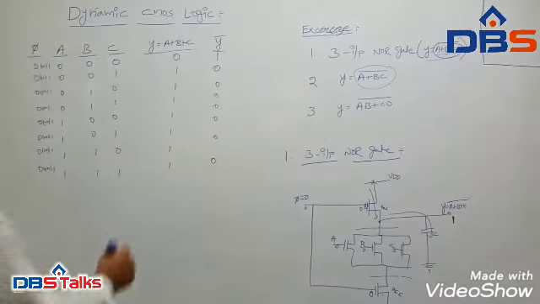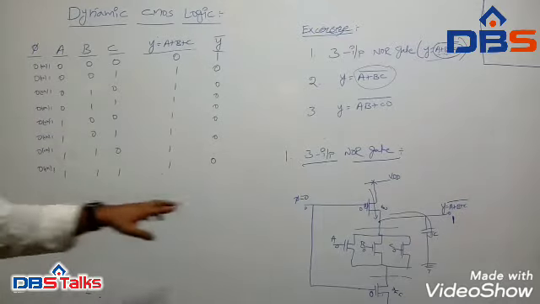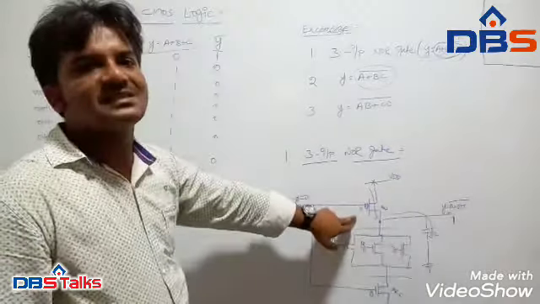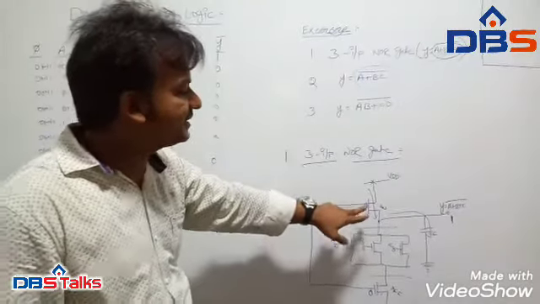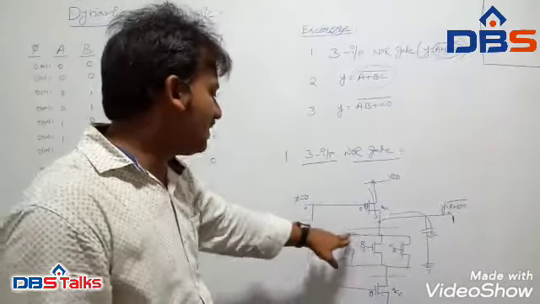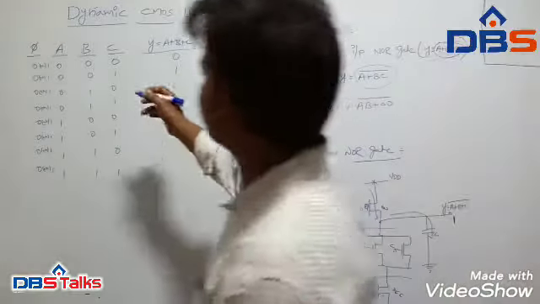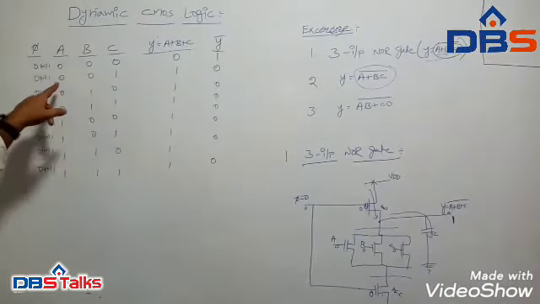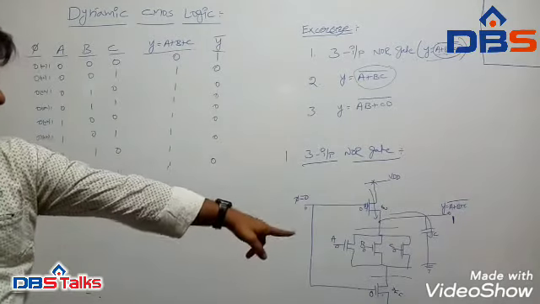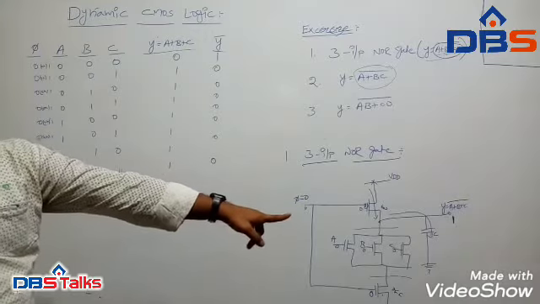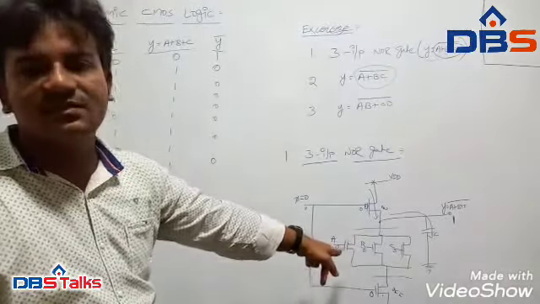That happens whenever φ is equal to 0, at which time the p-type transistor will be in on condition, whatever the logic may be. So following this truth table, next coming to the second condition, 0 0 1, at that time the C transistor will be on, but the remaining transistors will be off.